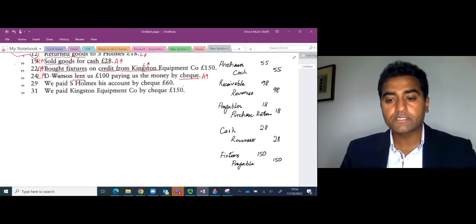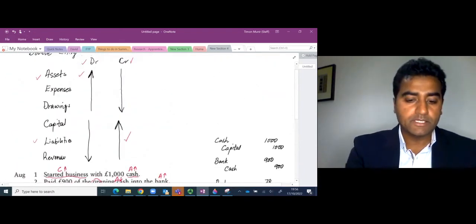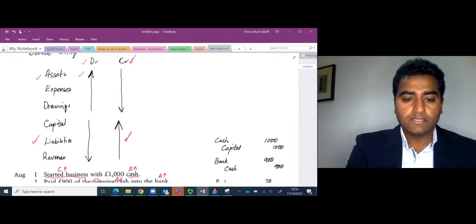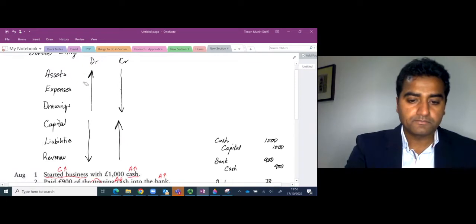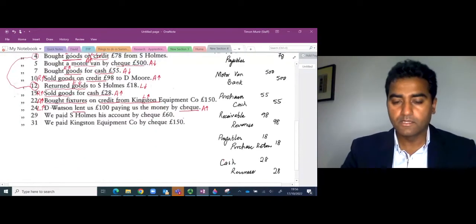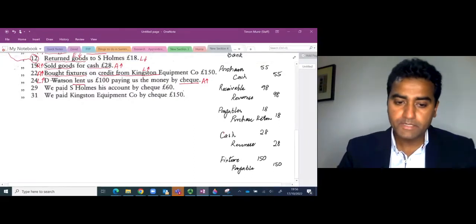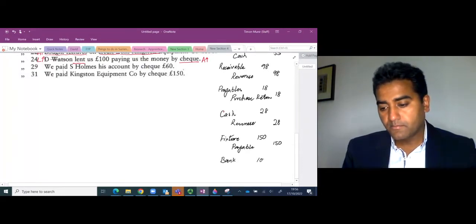So liability is increasing, that should be credit. An asset, which is a bank account, is increasing, and that will be debit. Therefore, my double entry will be bank debit £100 and loan is credit by £100.